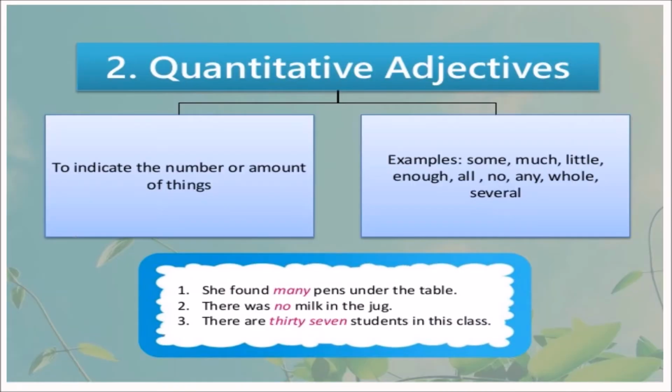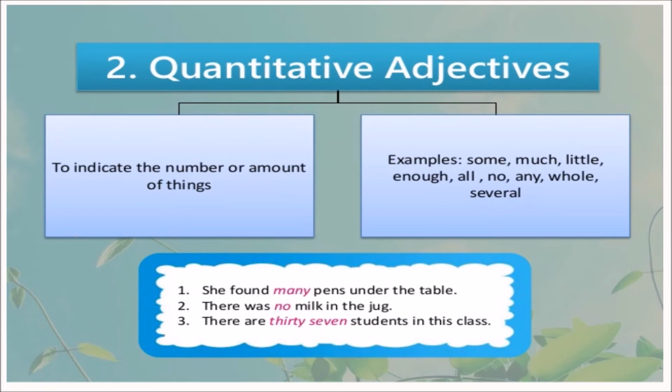Next, let's see about quantitative adjectives. Quantitative adjectives are used to indicate the number or amount of things. Examples: some, much, little, enough, all, no, any, whole, several.